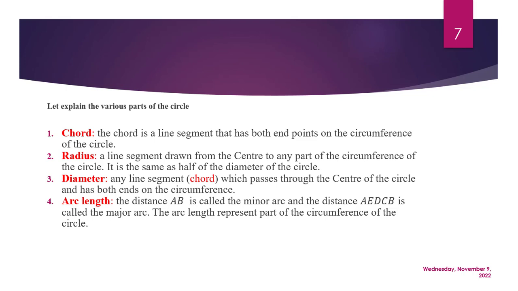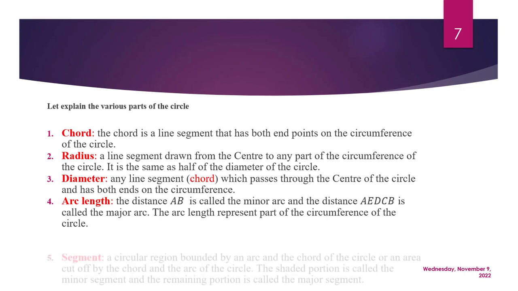Whilst the distance from A through E, D, C, and B is called the major arc. So this means that we have two types of arc: the minor arc and the major arc.